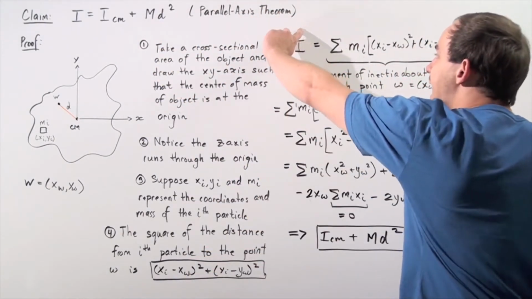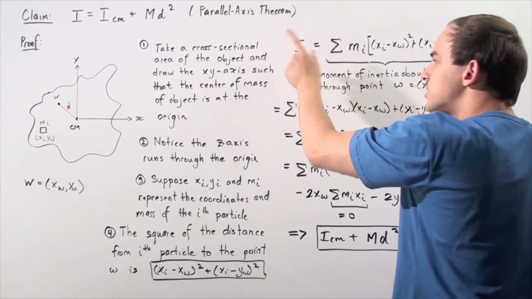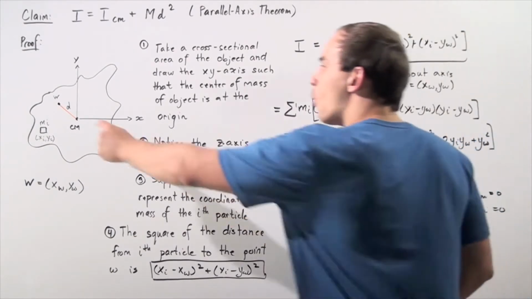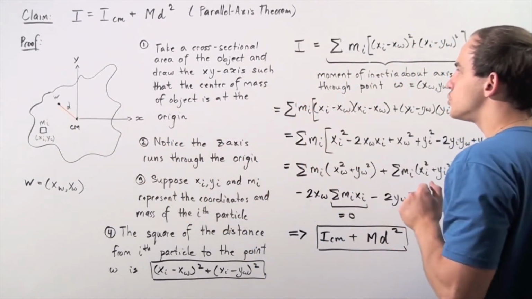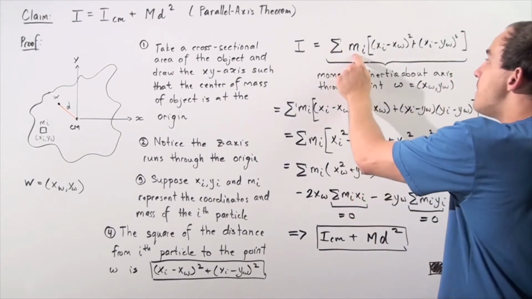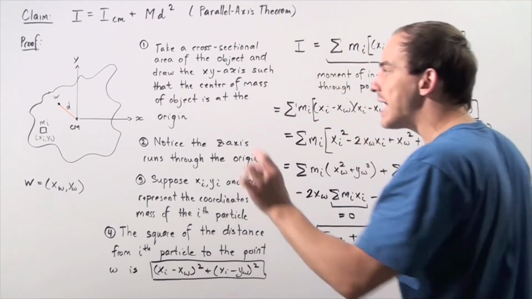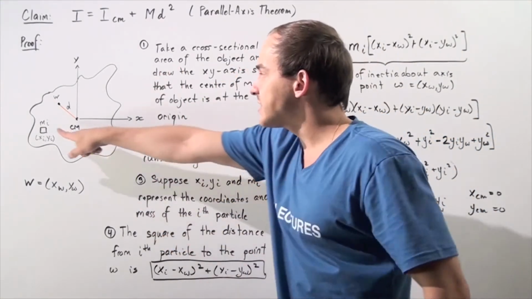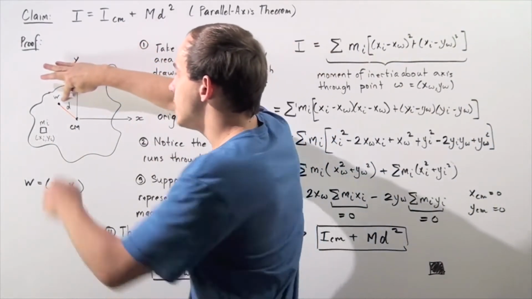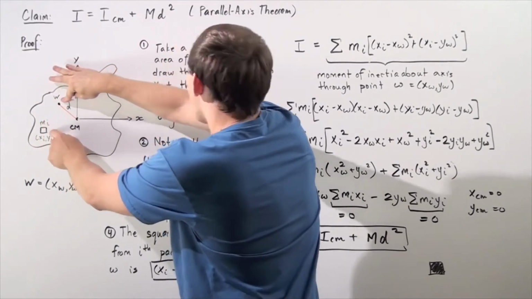So let's begin. I is equal to the moment of inertia of the object rotating about the axis that goes through the point W. Well, we have to sum up the product of the mass and the distance squared, where the mass is simply the mass of each particle, like the particle shown here, and the distance is the distance between the point about which our object is rotating and that particle.